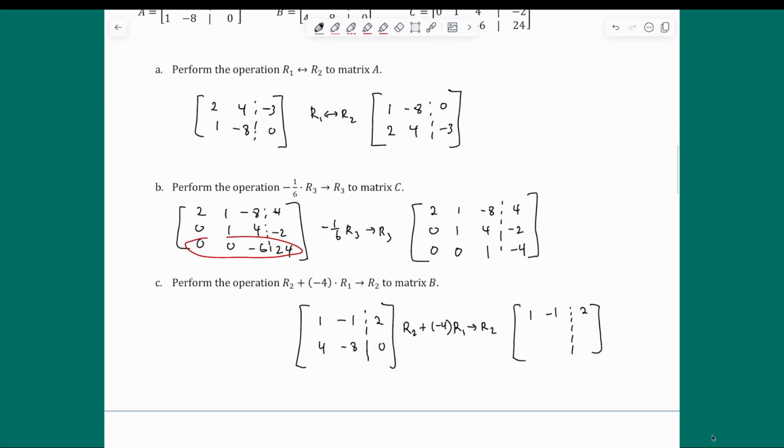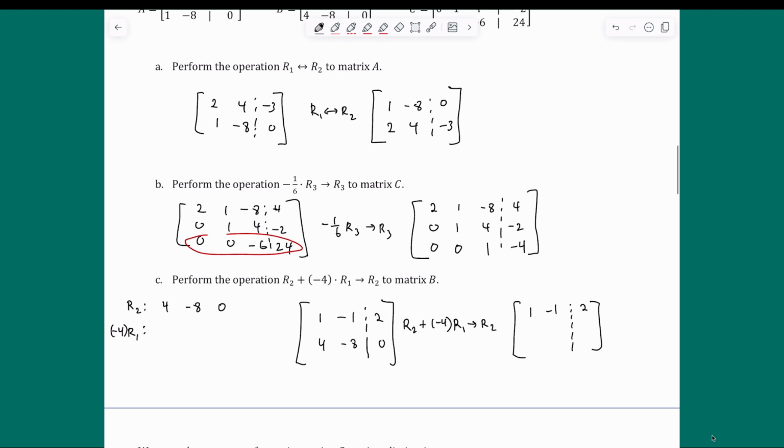On the side here, I like to write it like this. Here is row 2. So row 2 is 4, negative 8, 0. And then I'm going to multiply row 1 by negative 4. So I would get negative 4, positive 4, and negative 8.